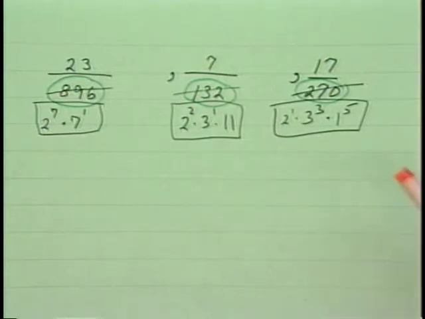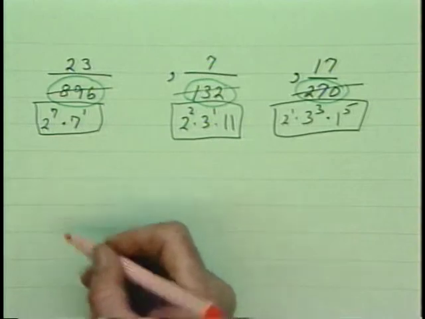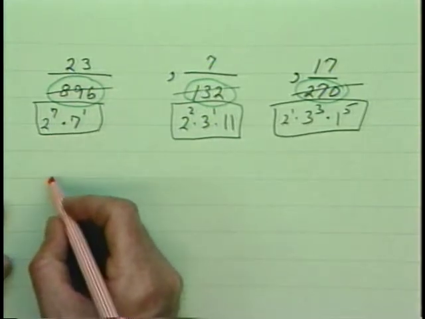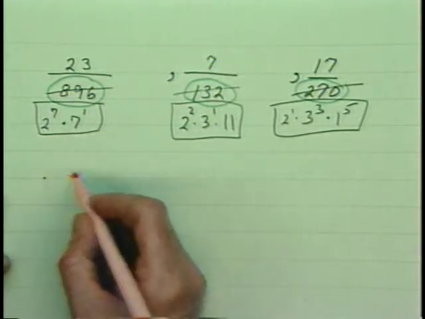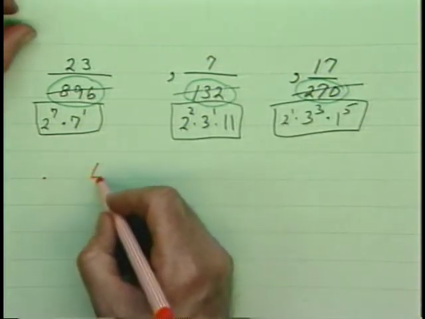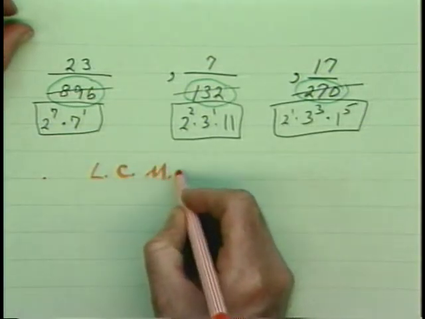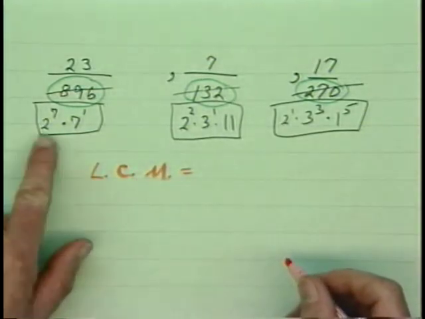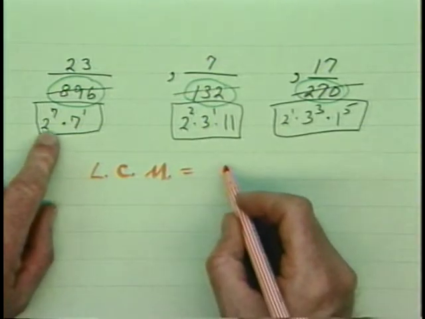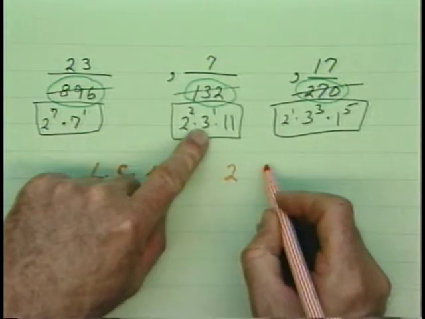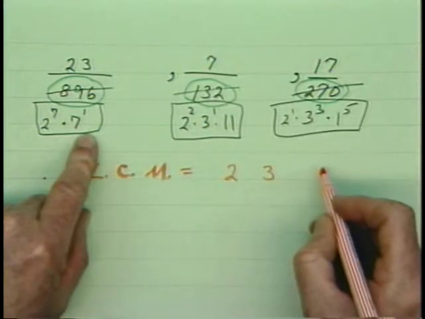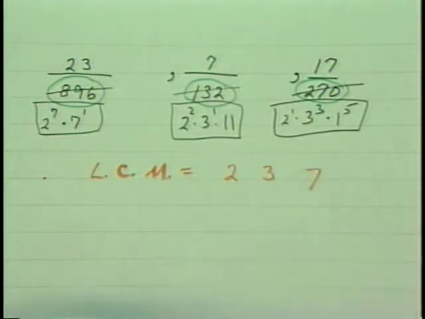Now, once we have prime factored forms, finding the least common multiple is the easiest chore of all. We simply write down each base, different one, so there's a 2, a 3, and a 7.